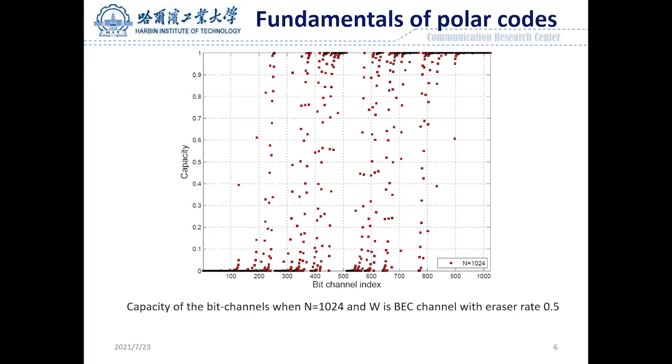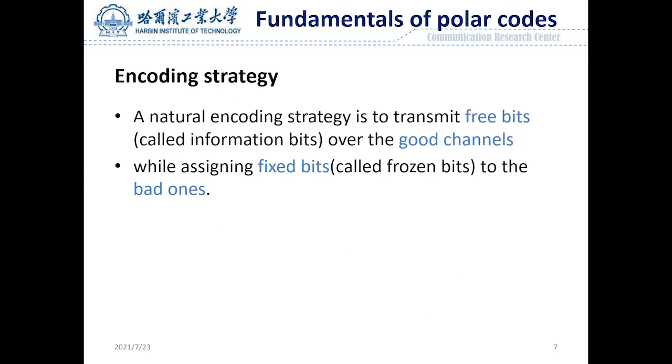This phenomenon is called channel polarization. The idea behind polar coding is to transmit the information bits through the noiseless bit channels and assign fixed bits over the noisy bit channels.